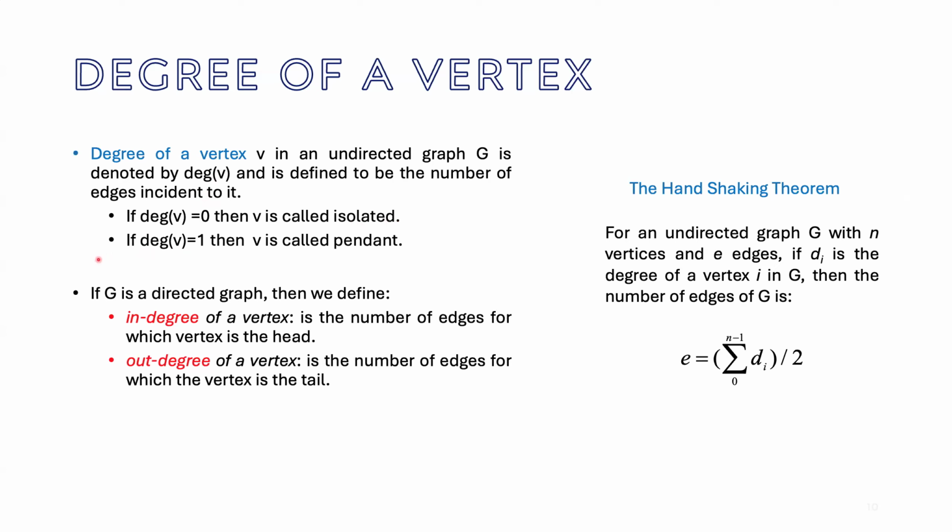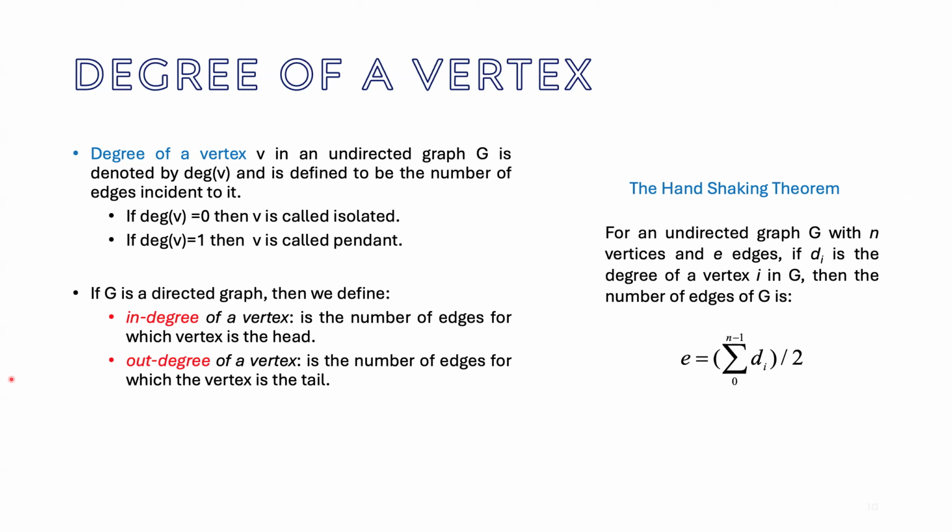And if the degree of V is 1, then we call it pendant. If G is a directed graph, then we define the in-degree of a vertex as the number of edges for which the vertex is the head, and the out-degree of a vertex as the number of edges for which the vertex is the tail.